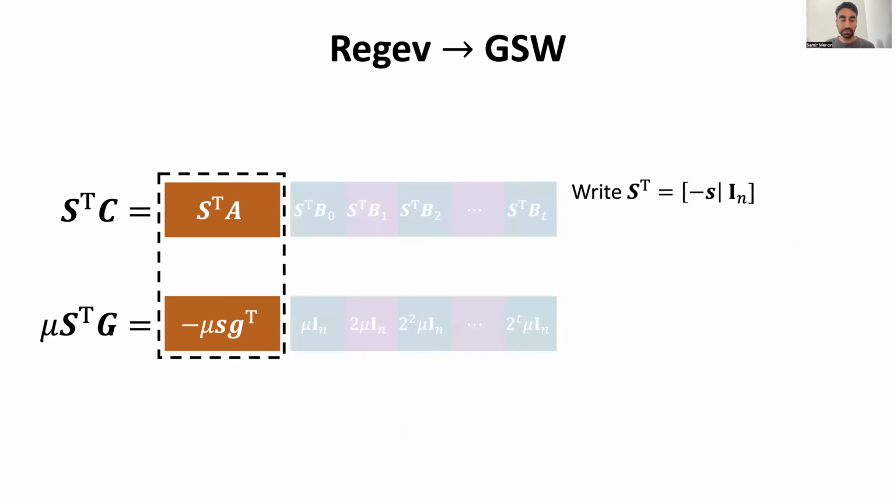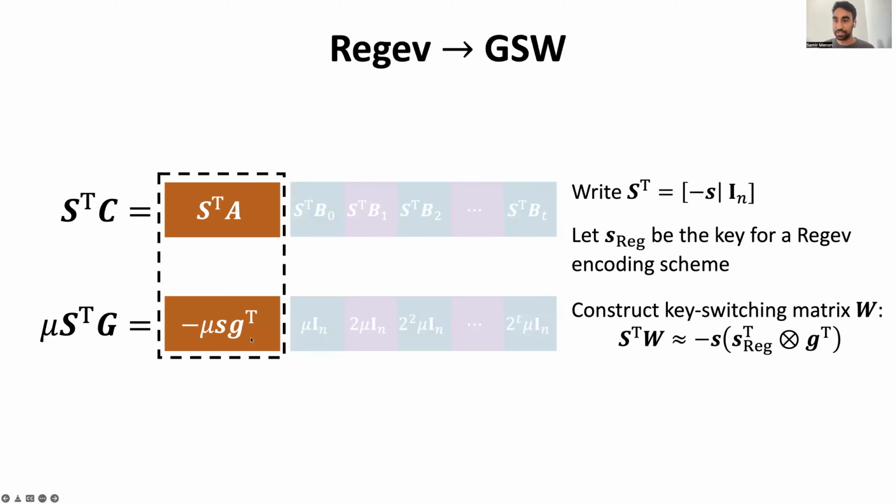This part is harder. So we also want to construct a matrix A that includes this secret vector that's in the matrix key S, this little s there, times the powers of 2. So to do this, we have to actually use a kind of key switching.